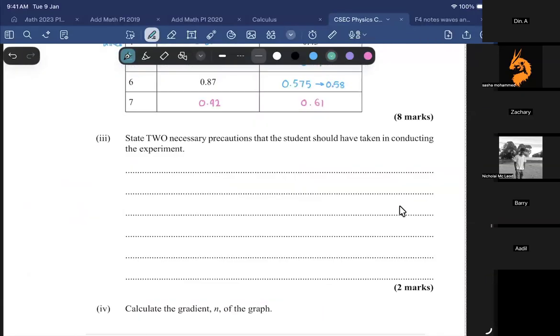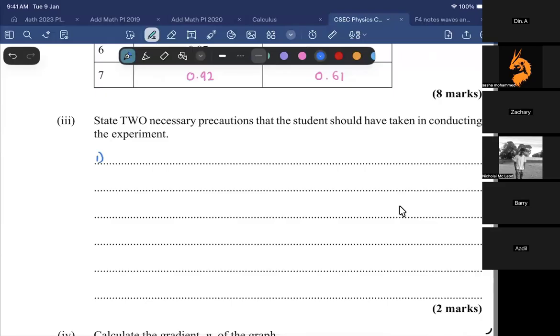So guys, Nikolai, if you are using a glass block, obviously you would want to make sure it's clean first. Yes, sir. So number one: inspect the glass block for any cracks or marks.